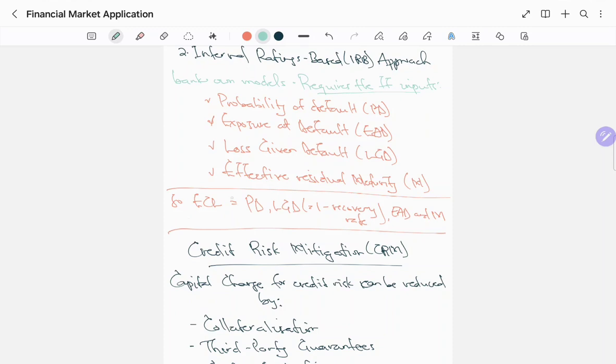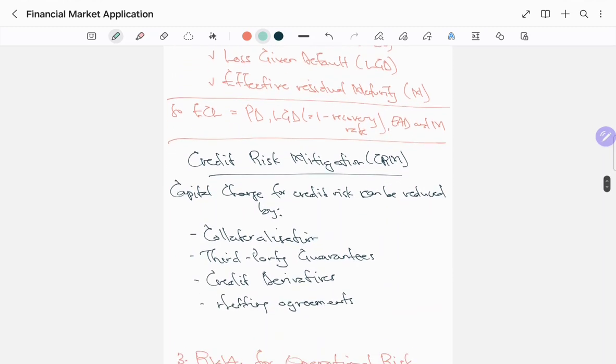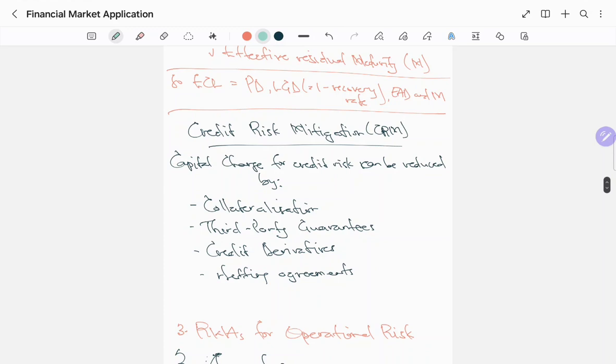So when you put this into a mathematical formula, we are saying your expected credit loss is a function of the probability of default, the loss given default, where loss given default is computed as 1 minus recovery rate, and then also the exposure at default and the time to maturity.